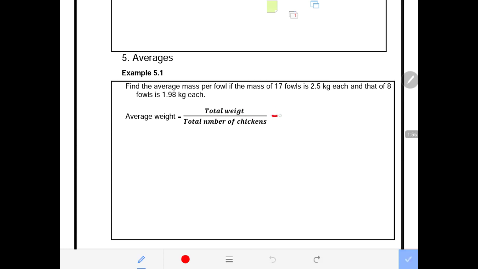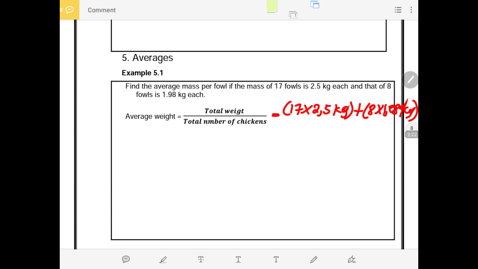Now our total weight is very easy. It will be 17 fowls times 2.5 kgs, because we are told that each of the 17 has a weight of 2.5 kgs. Then we say plus the 8 chickens, which are to be multiplied by 1.98 kgs, because they told us that it is 1.98 kgs.